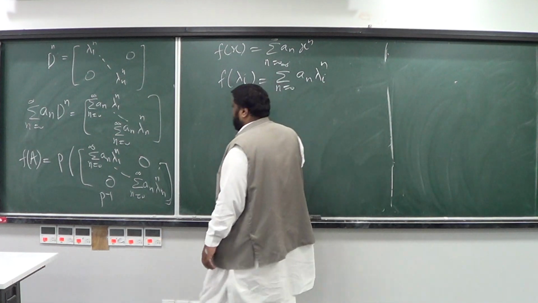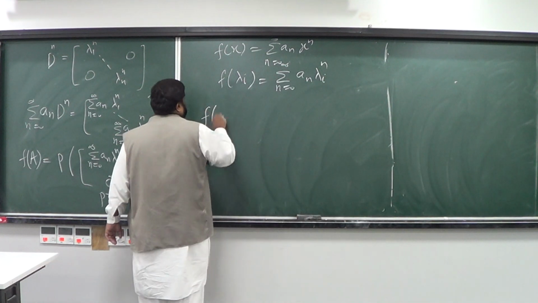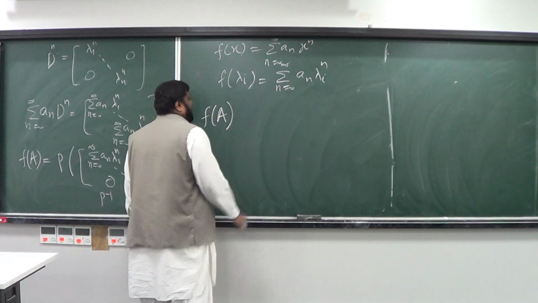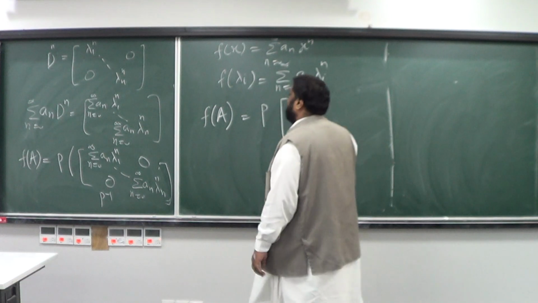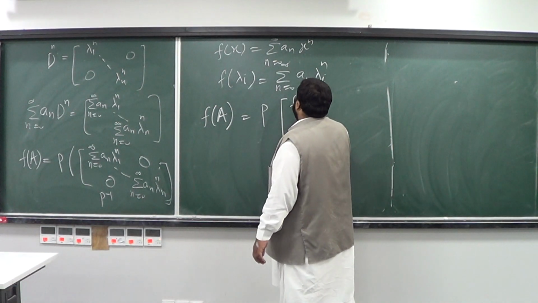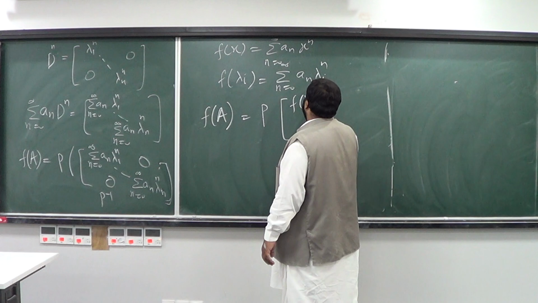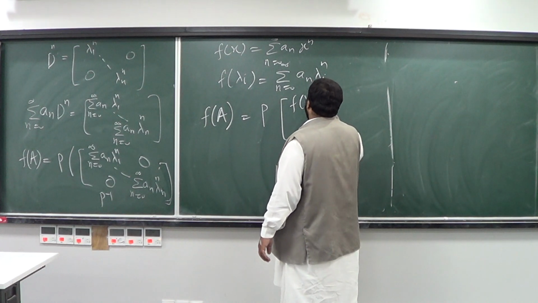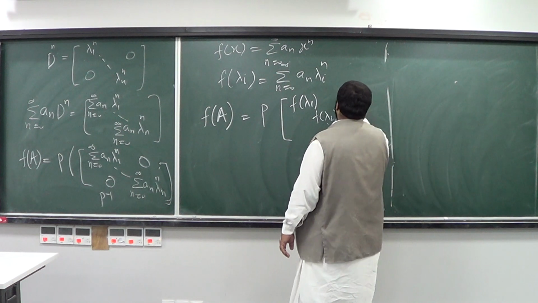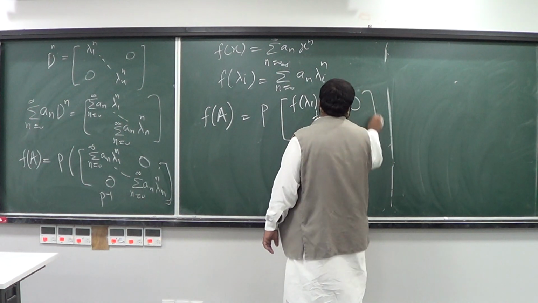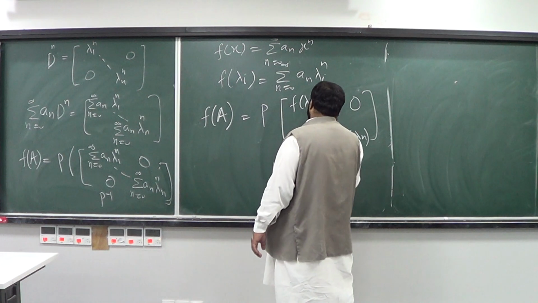Hence, with this recognition, I can say that my f of A is matrix P multiplied by a matrix in which you have f of lambda_1, f of lambda_2, up to f of lambda_n, and a 0 matrix here and 0 matrix here, and multiply this matrix with P inverse.